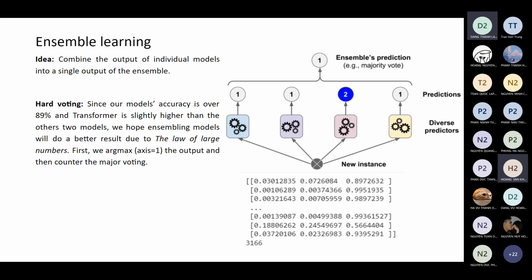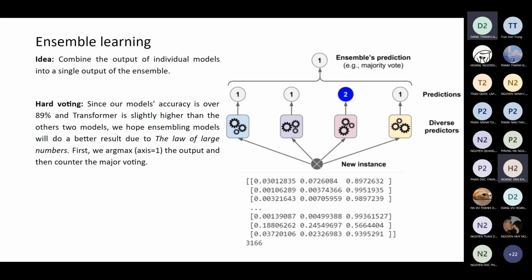A first simple way to create a better classifier is to aggregate the predictions of each classifier, and then predict the class that gets the most votes, as you can see in the picture on the slide. This majority vote classifier is called a hard voting classifier.